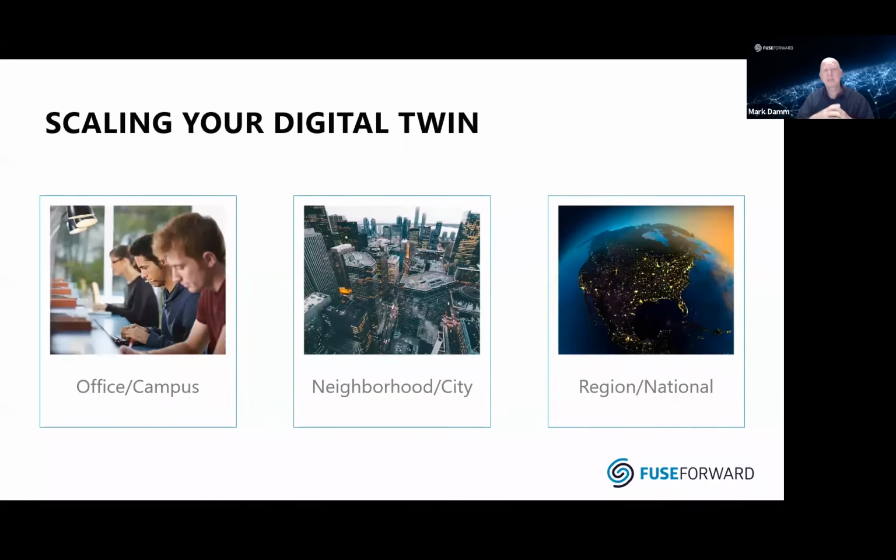But this has now given us really good quantitative information about flow patterns and virus spread, not just within an office environment, but within a city environment, within a neighborhood, and on a regional and national basis. Okay, so those are kind of giving you 3 steps in this process.